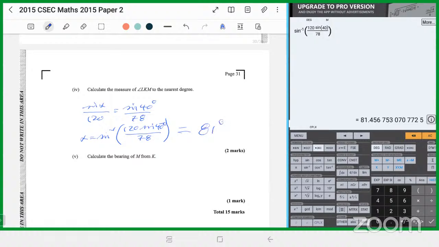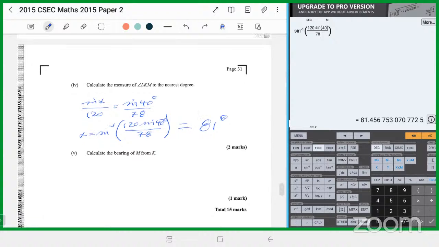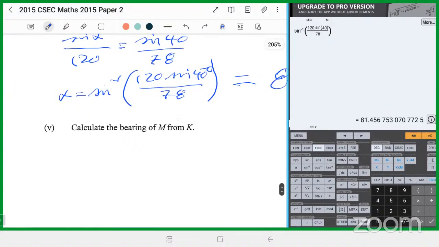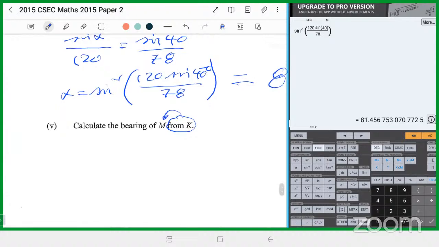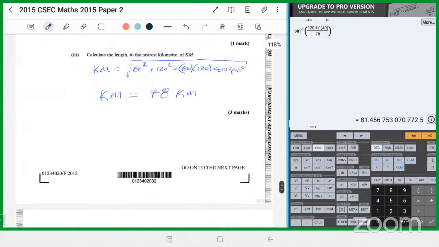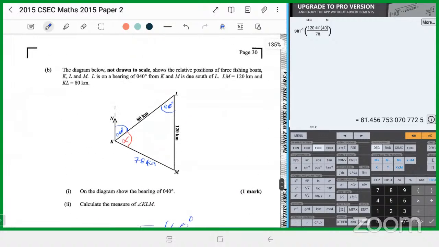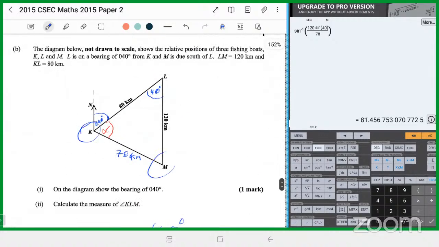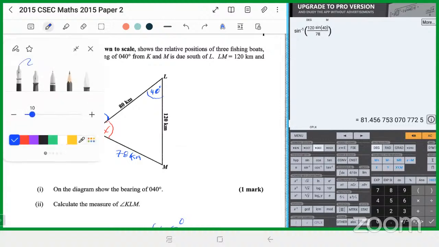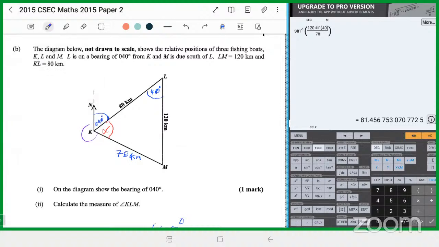81 degrees. Another one, the bearing of M from K. Remember, you have to note the from position. So it's from K to M. From K down to M. Let's put it on in purple. So measure from here.